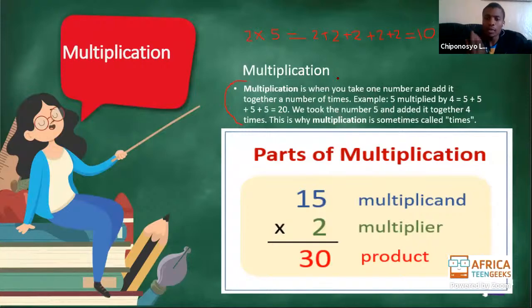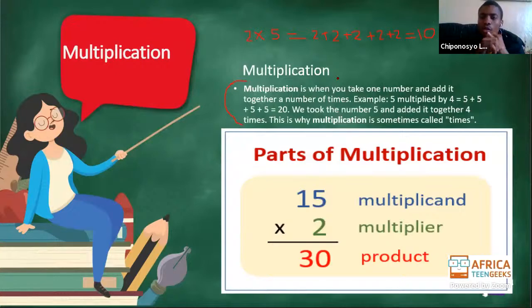What is multiplication? When you are multiplying, what are we talking about? Why am I starting with this? It's important that you have the basics. When you understand the basics, then we can go into the more difficult parts of multiplication.